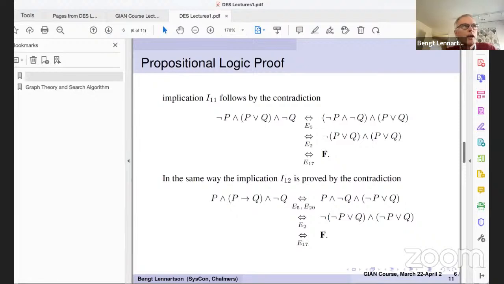If you would like to show that P implies Q, say, then that can be proved by showing that P and not Q generates a contradiction. I think that's the only way I can express this.